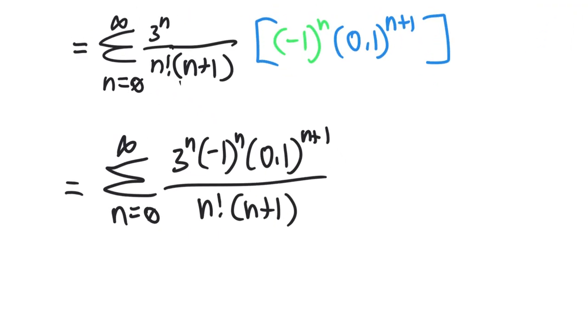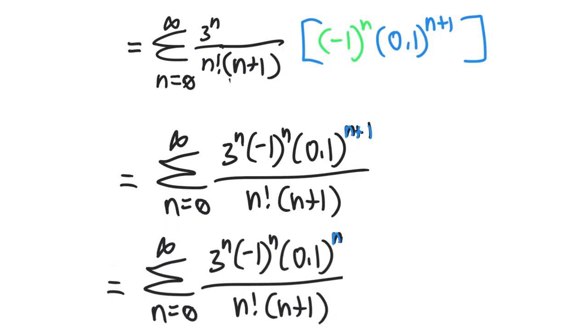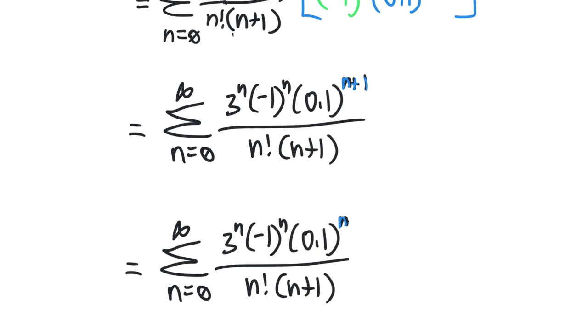So it's possible you might not like the n plus 1. It might be neater to rewrite everything so that it's just an exponent of n. So it can benefit us to remember that this right here could be rewritten such that there's just this additional 0.1 off to the side.